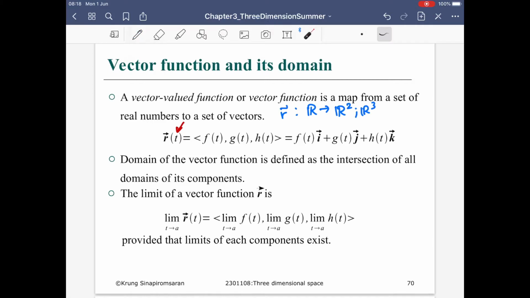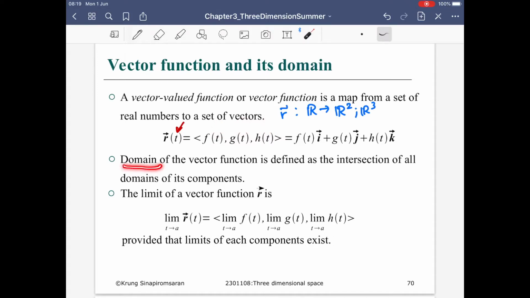The input is t, and the output consists of 3 components like this, f(t)i, g(t)j, and h(t)k, and each component depends on the same input t.